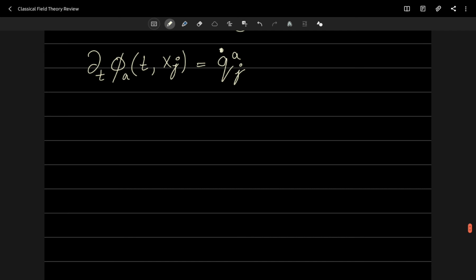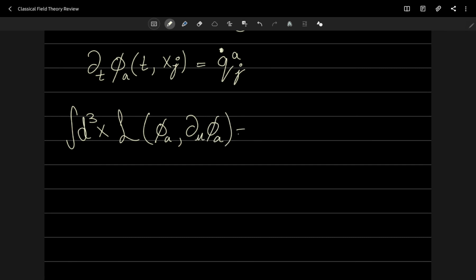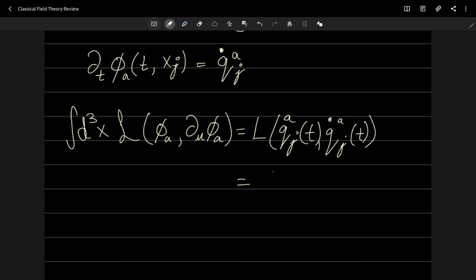So mathematically, we take the integral d3x of this Lagrangian density of phi a and partial mu phi a, such that we are left with the Lagrangian function L of t, q and q dot j a as a function of t, which is simply your Lagrangian as a function of time.